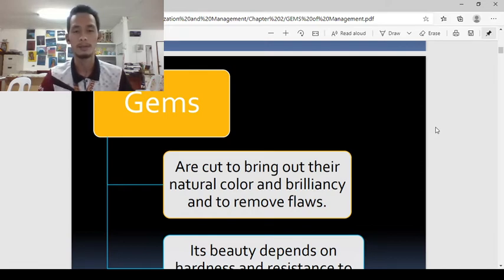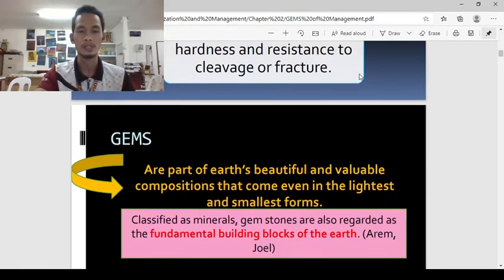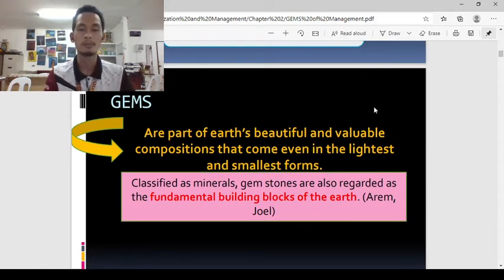Like gold, gold is cut to bring out its natural color and brilliancy. Its beauty depends on hardness and resistance to cleavage or fracture. Gems are part of Earth's beautiful and valuable compositions that come even in the lightest and smallest forms. They are classified as minerals.